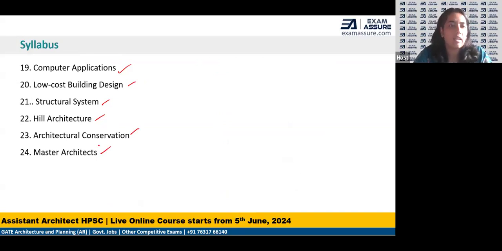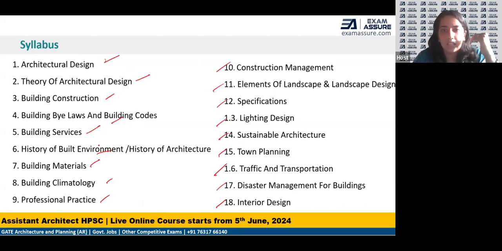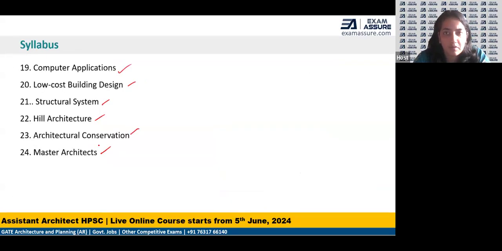So this is a tentative list that they have given. Now, if you look at all of these, these are all the subjects that we study at our bachelor's level in your bachelor's of architecture, anyways, over the 5-year course.